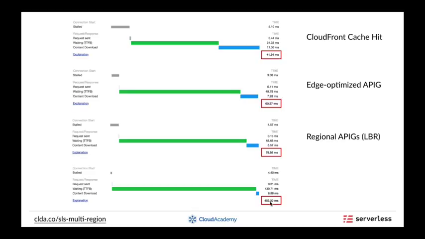And the last value, which is in another order of magnitude, is a CloudFront cache miss. I mentioned that the good news is that with CloudFront in front of your regional API gateway endpoint, you will actually speed up with cache, because that's what cache is for, but in case of a cache miss, it will be really, really slower, up to 5 to 10 times slower with respect to a cache hit.